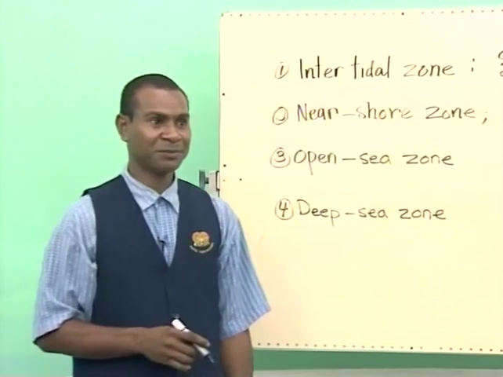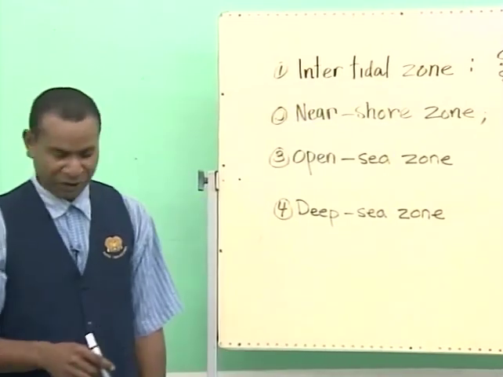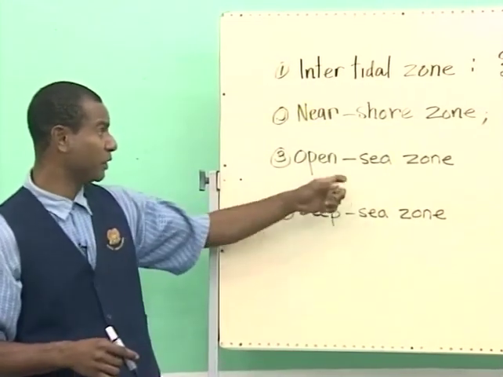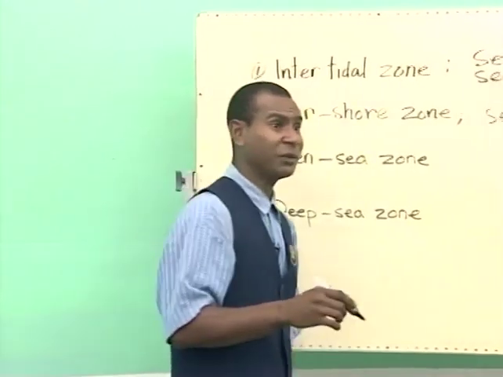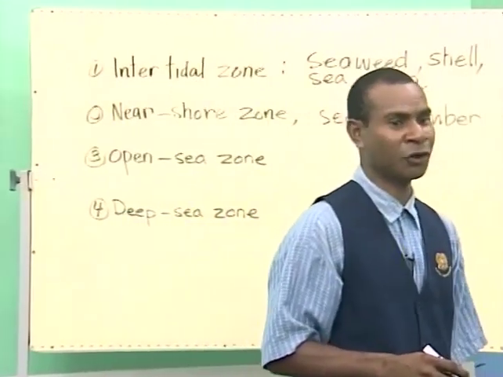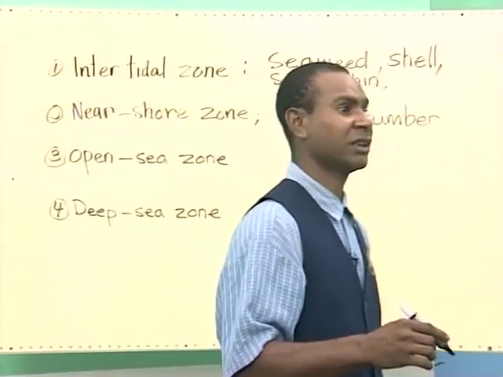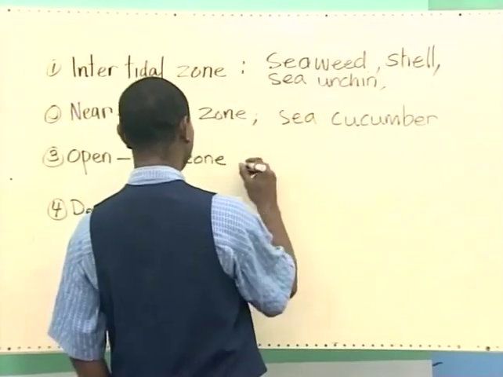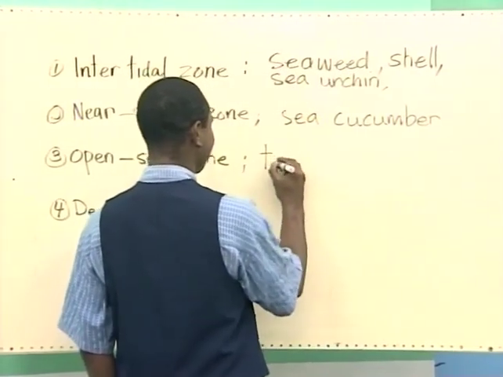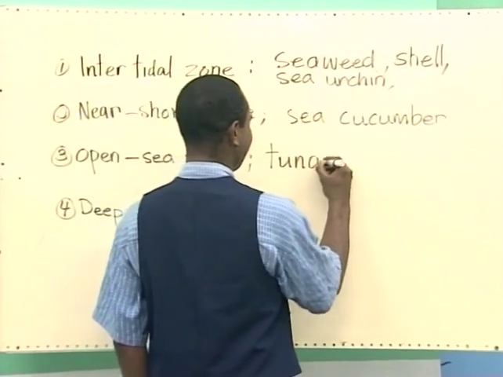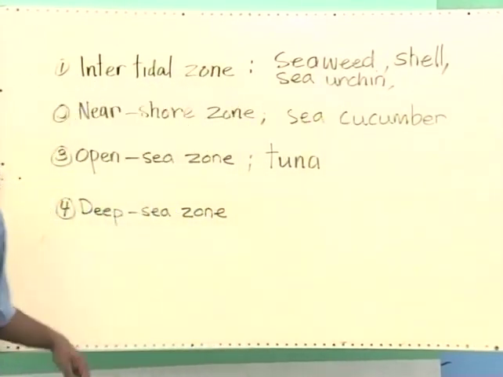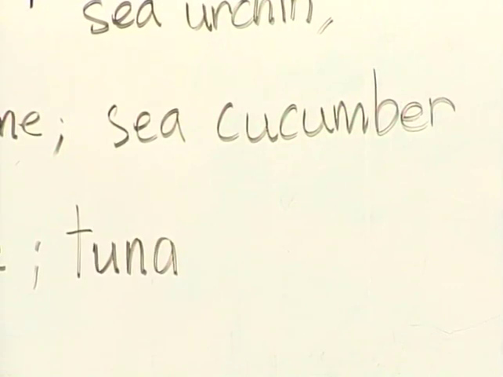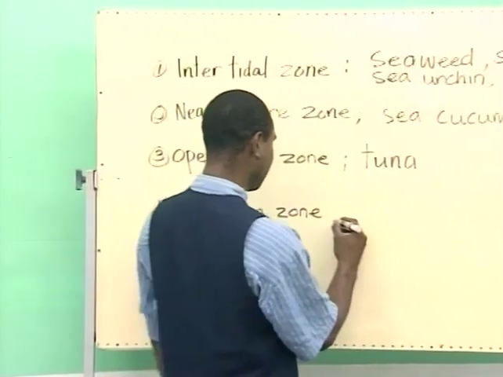Let's have a look at the third one. Our third one, example of an open sea zone. One that we always like to eat when we buy it at the store. What? Tuna. It swims out in the open sea. And deep sea zone, that's when your answer comes in, Ruthie.